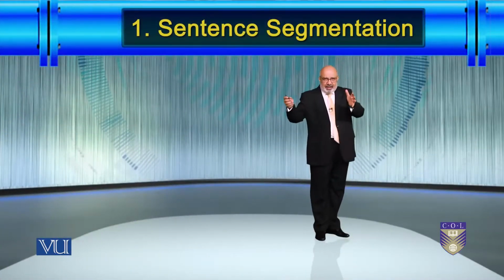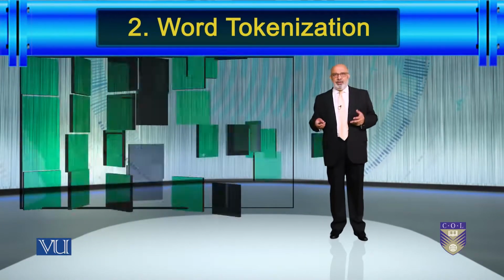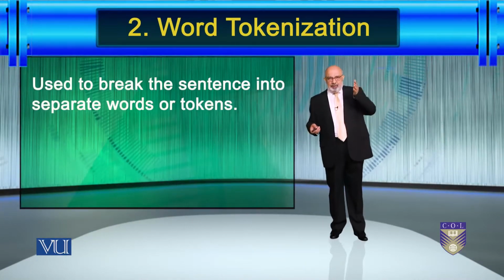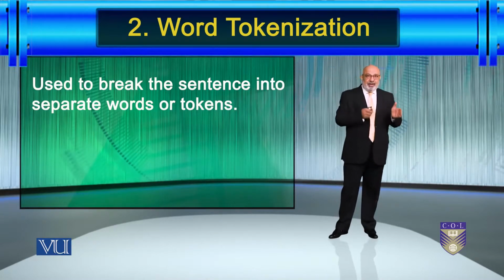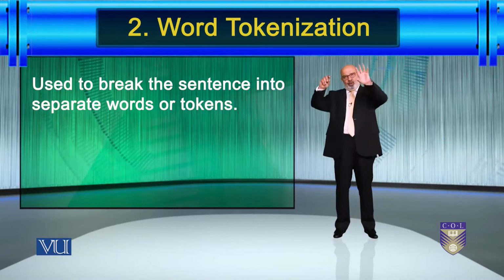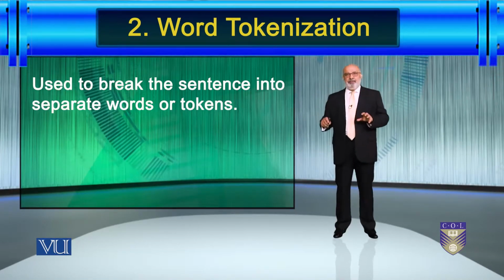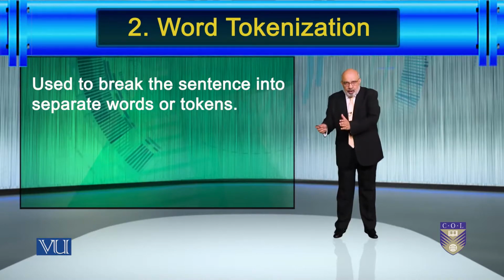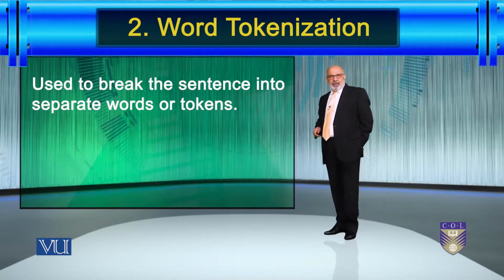Having segregated a sentence, the next part is word tokenization. It is used to break the sentence into separate words or tokens. So we broke the paragraph into sentences. Now we are breaking the sentences into smaller components, words and tokens. Let's see.